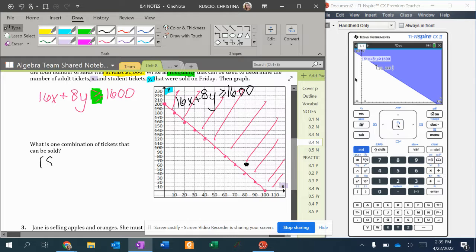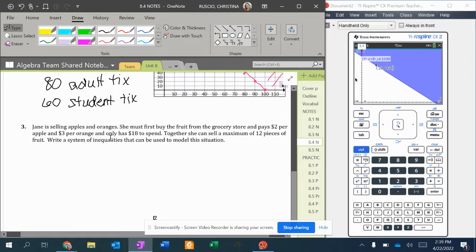So 80, 60 is a nice start, but let's explain. 80 adults, because that was our X. So 80 adult tickets and 60 student. This is important to relate it back to the context of the problem. And I wrote tickets as TIX to abbreviate to save some time.